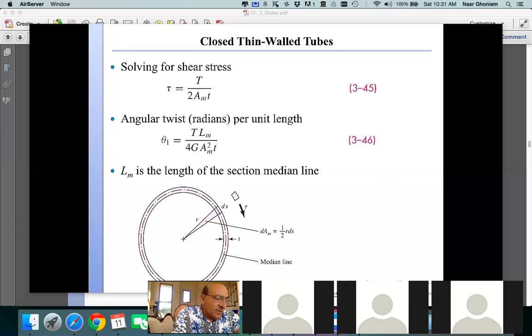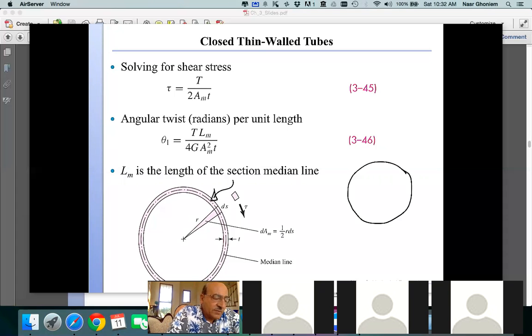In the thin wall, what we do is we always consider the mean median line. So whatever the cross section is, we just go between the inner wall and the outer wall and put a median line in between, and then reduce the cross section into a simple line.